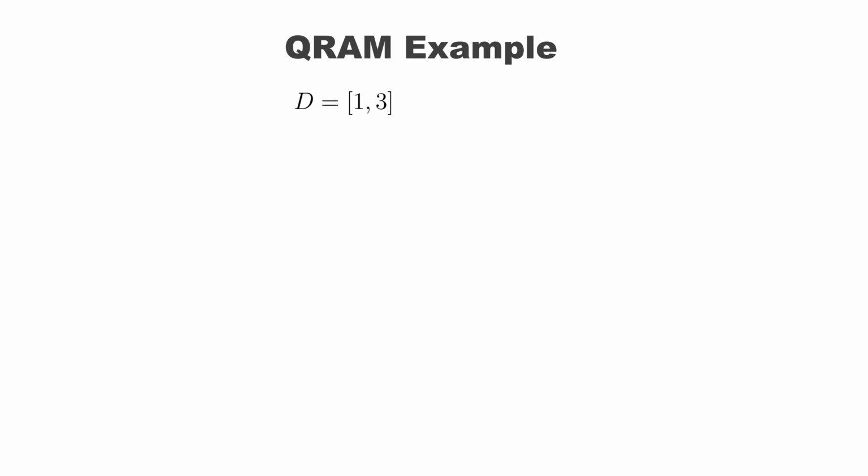We want to encode the dataset D, which consists of two numbers, 1 and 3, into QRAM. We will use the basis encoding to encode the data. Therefore, we need to convert the data elements into binary numbers. The largest value in the dataset is 3, which corresponds to 11 in binary representation. Therefore, we need 2 data qubits.